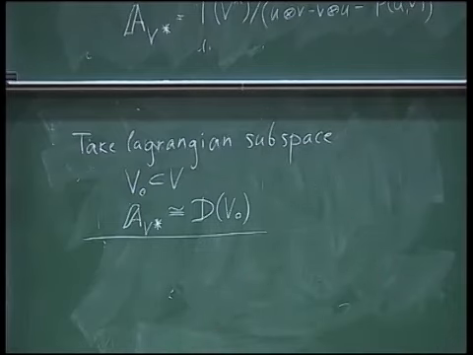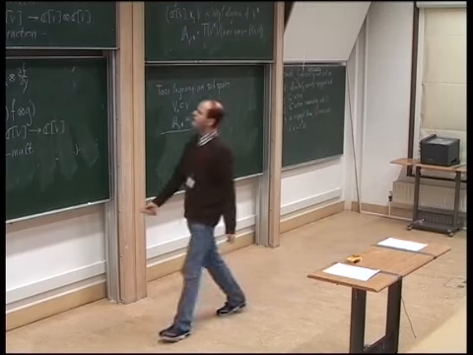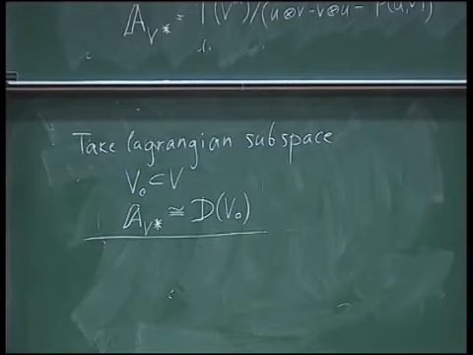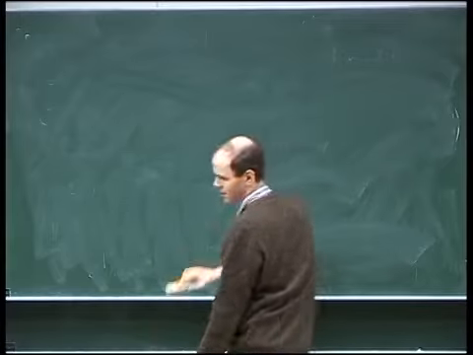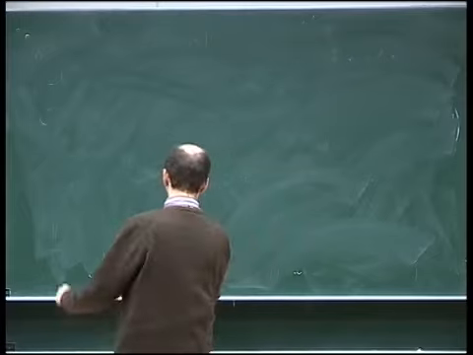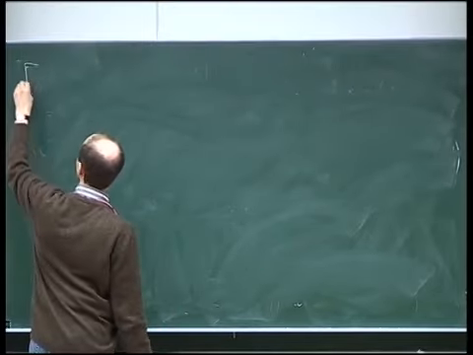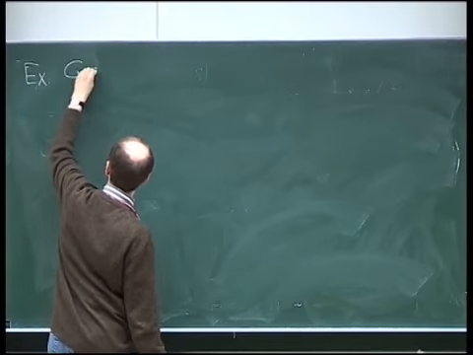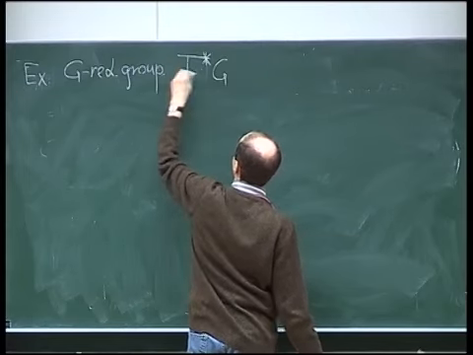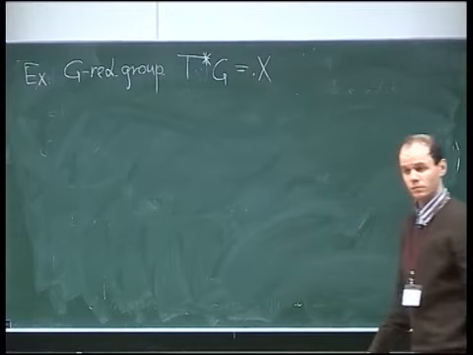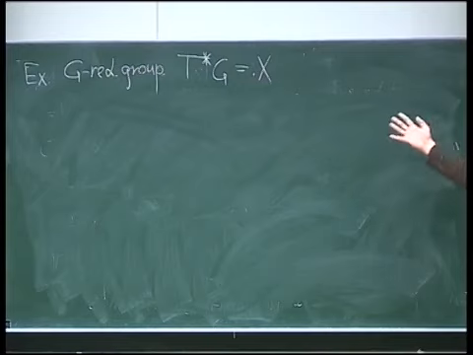And now two more complicated ones. Well, let's take G a reductive group, and X is the cotangent bundle of G. We have an action of G times G here.